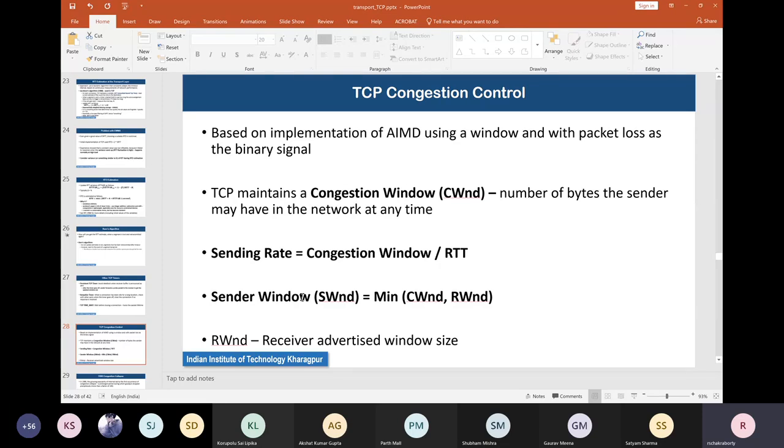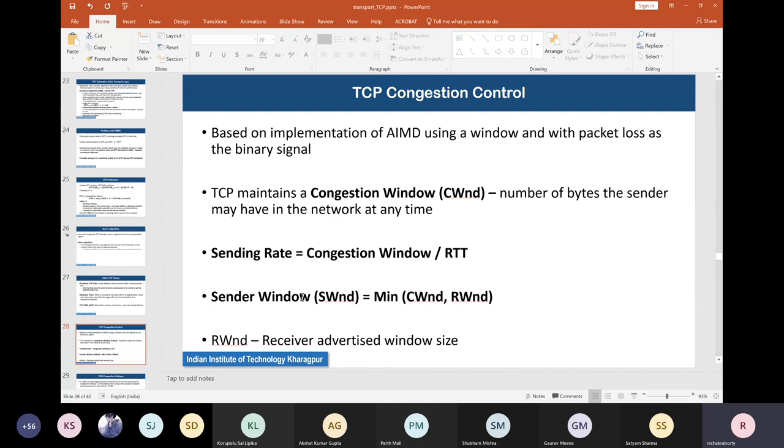This is one. But other than that, the TCP sender also has to be self-conscious and careful about whether it is unnecessarily loading the network or not. See, there are two factors.